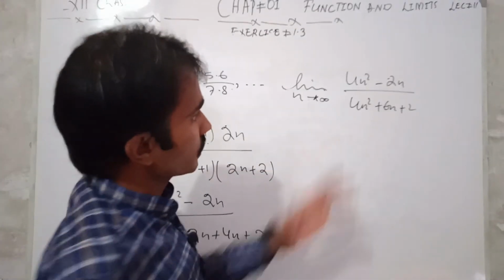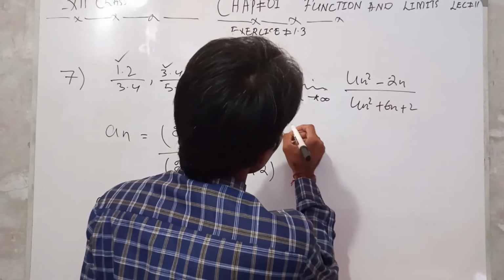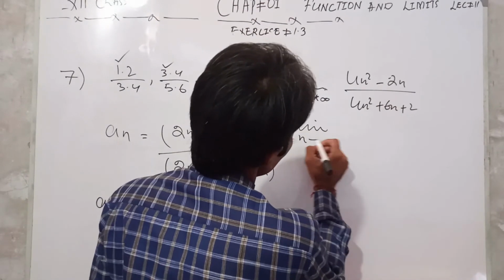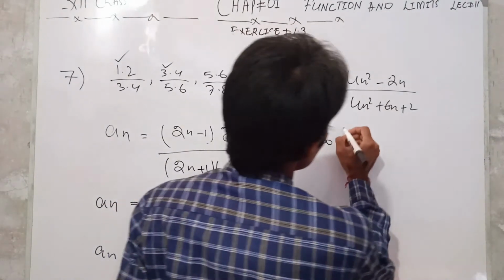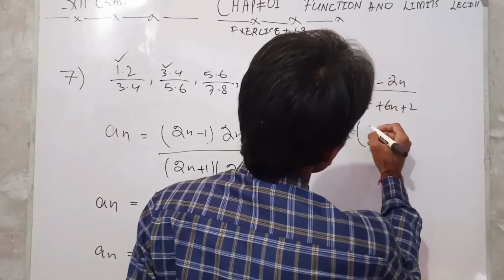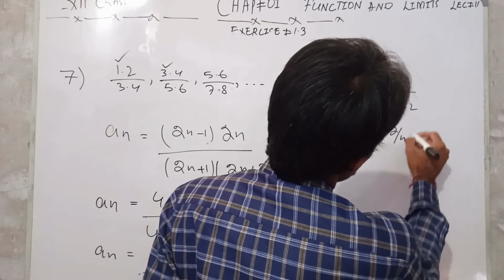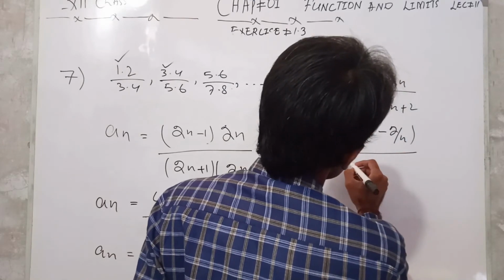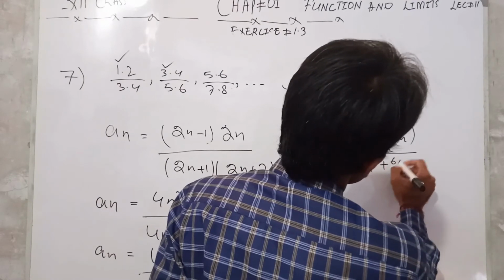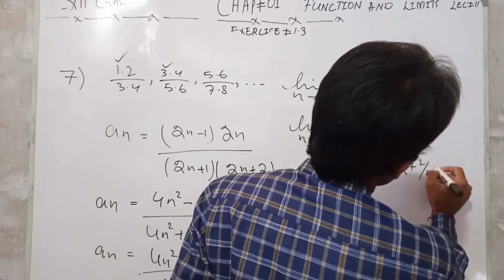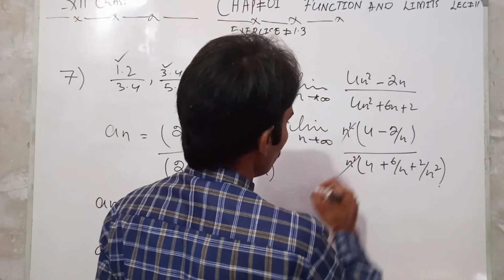What we have to do is take the common n square, because it is the highest power. In the numerator, n square times 4 minus 2 divided by n. In the denominator, n square times 4 plus 6 divided by n plus 2 divided by n square. These both will be cancelled out.